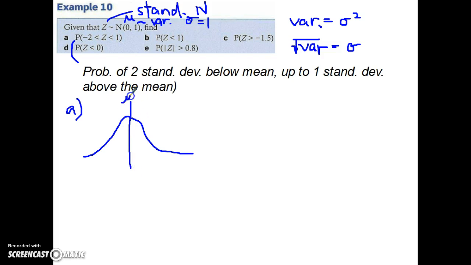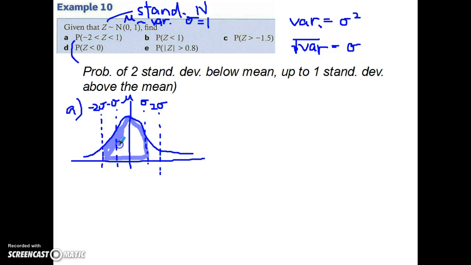This is my 1 standard deviation away, this is 2 standard deviations away, this is minus 1, this is minus 2, this is 1 standard deviation above, this is 2 standard deviations above. And then these are my probabilities. What they're asking us is this: from -2, all the way up to here. So we're talking about this whole area here.